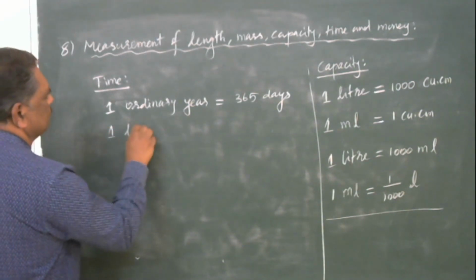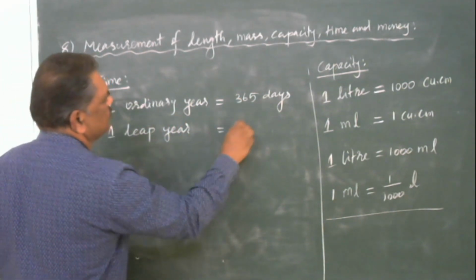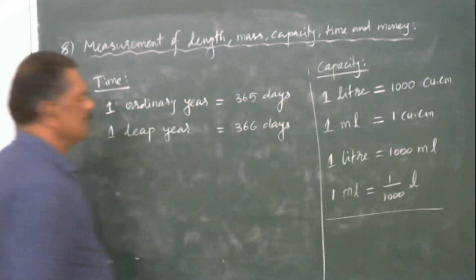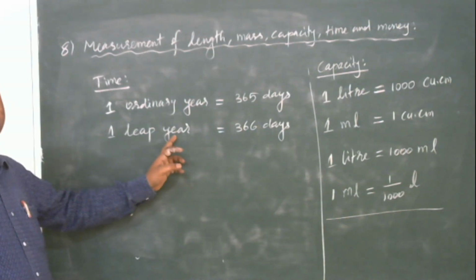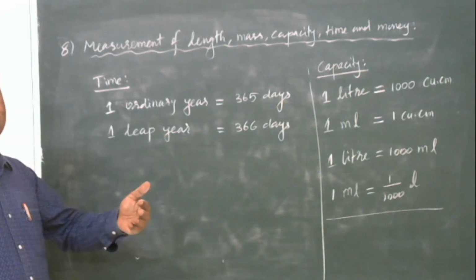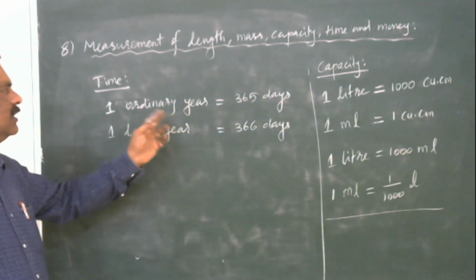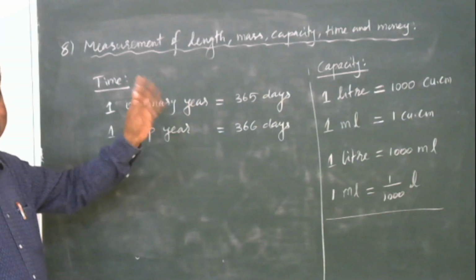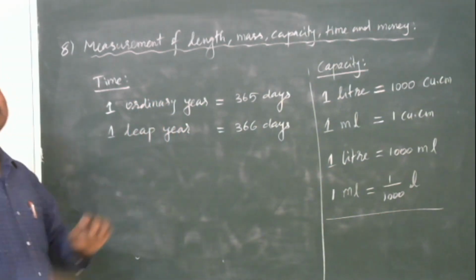One leap year, how many days will be there? 366 days will be there. Leap year means multiples of 4. Every year 1/4 of the day will be remaining. 2 years, 2/4 will be remaining. Third year 3/4 will be extra, and fourth year 1 day will be extra.